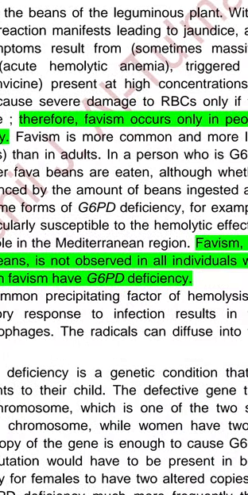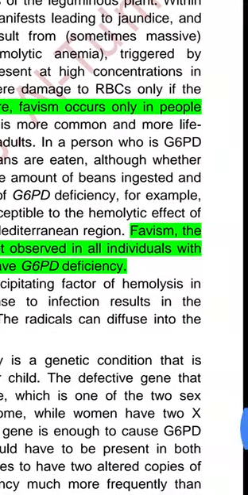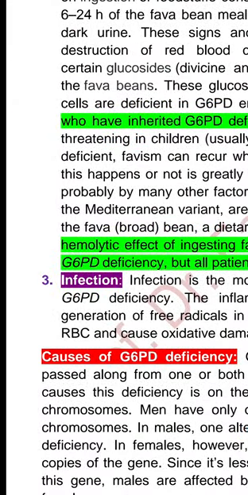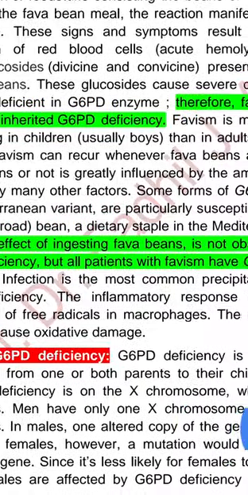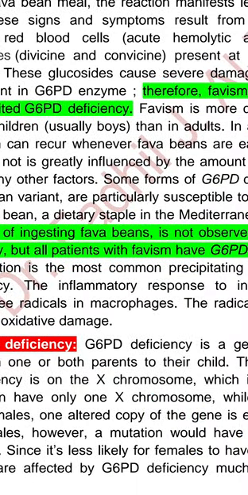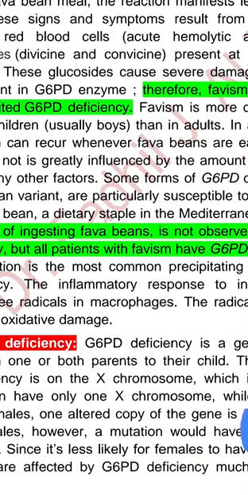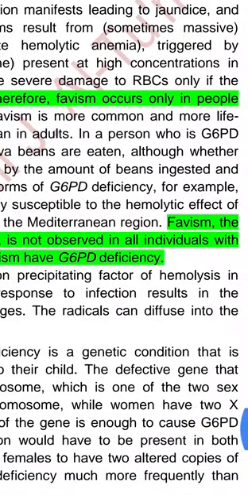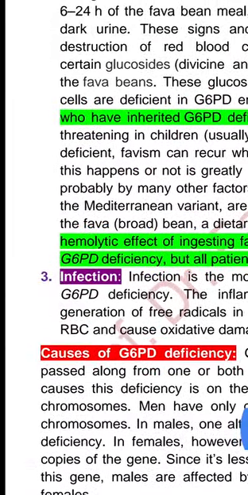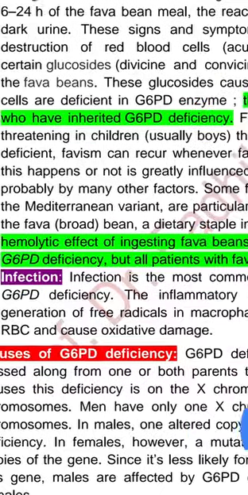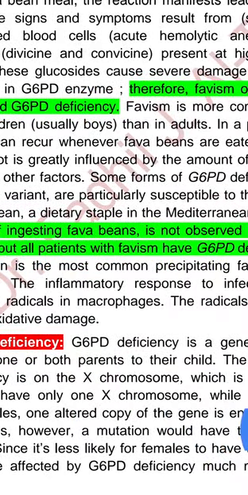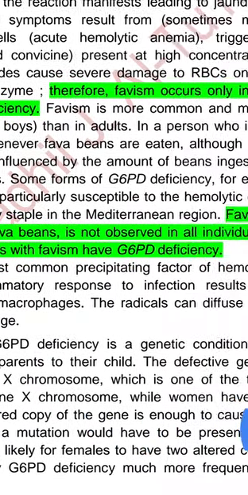Therefore, favism occurs only in people who have inherited G6PD deficiency. Okay? Favism is more common and more life-threatening in children, usually boys, than in adults.